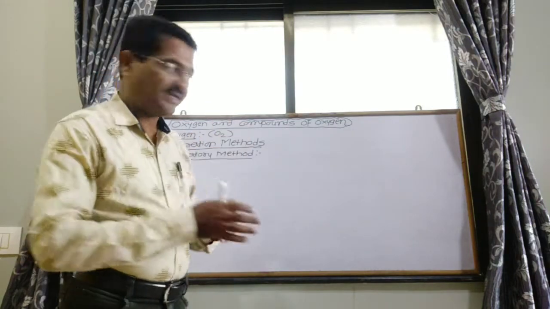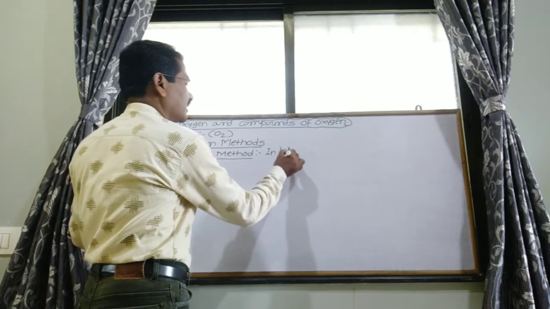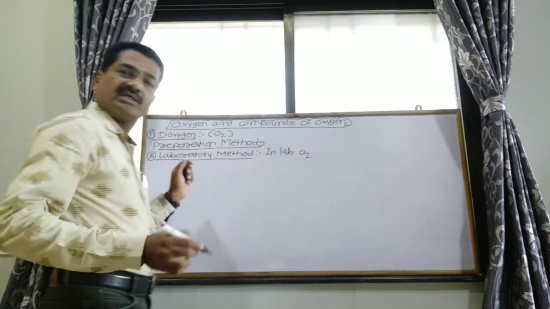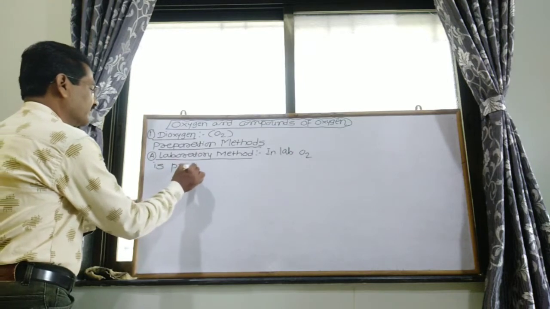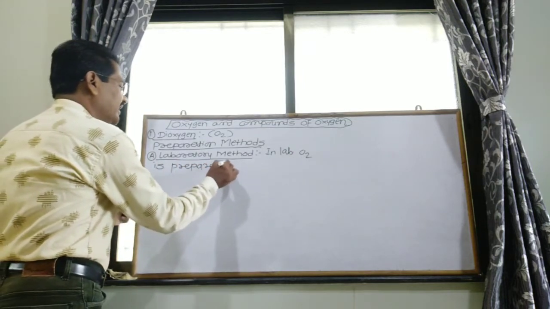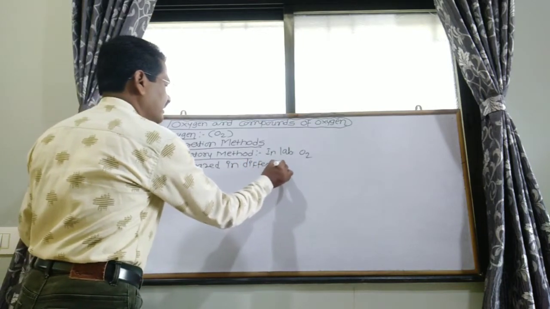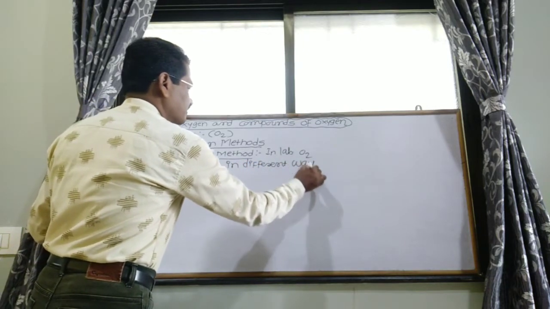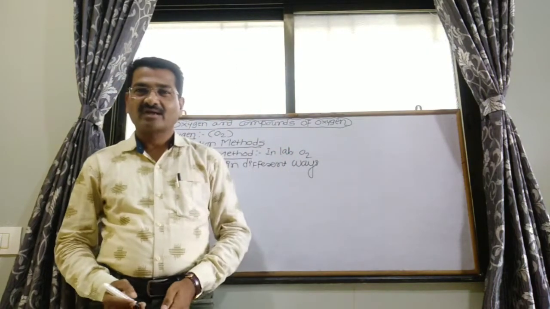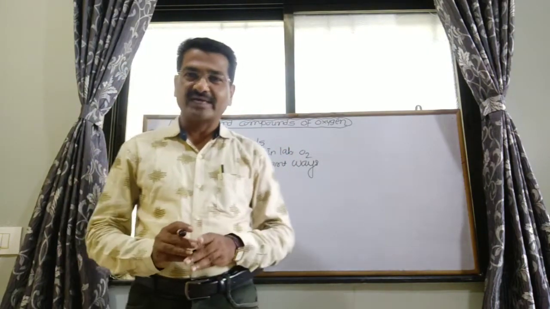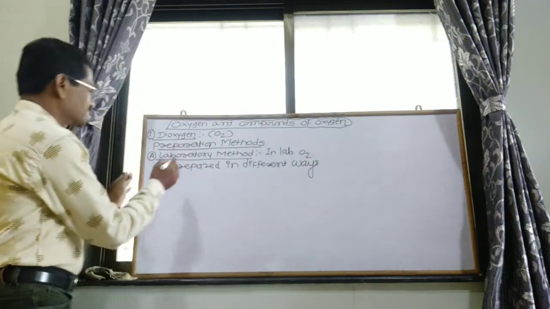In the laboratory, O2 is prepared in different ways. In the laboratory, dioxygen, that is O2, can be prepared in different ways as follows.